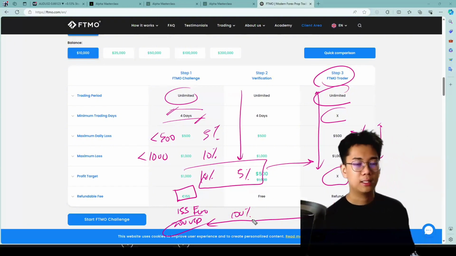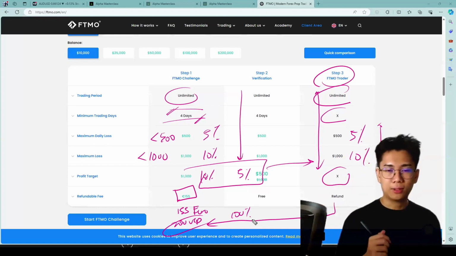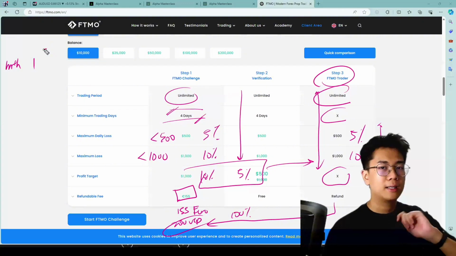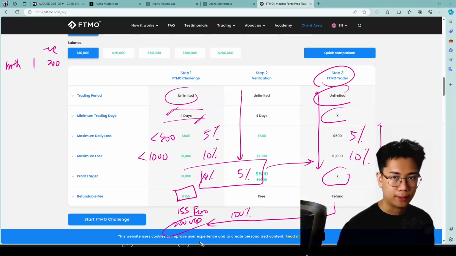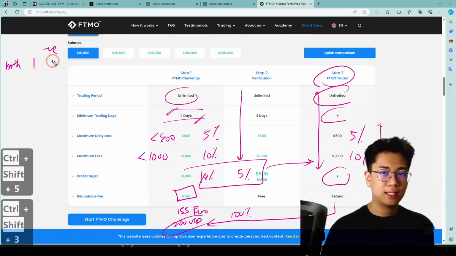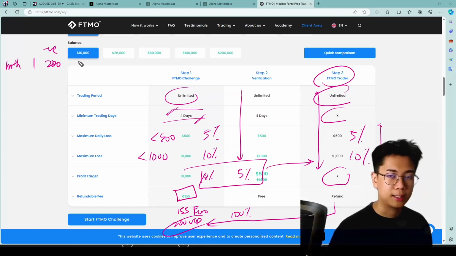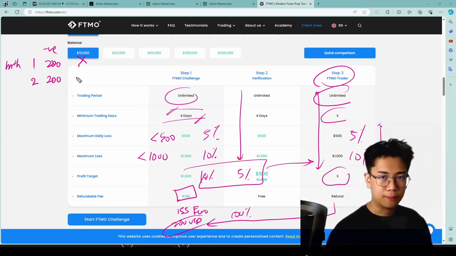That means if you treat this as a business, guys, let's calculate it as a business. Let's say in month 1, you cash out $200 to here. What if you pass? Then you will get a $10,000 account. But what if you fail? Then in month 2, you restart again. You pay another $200, and this time you pass.